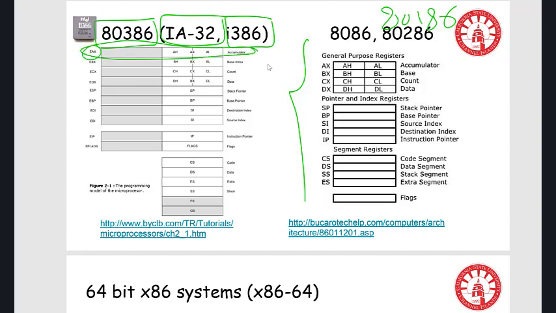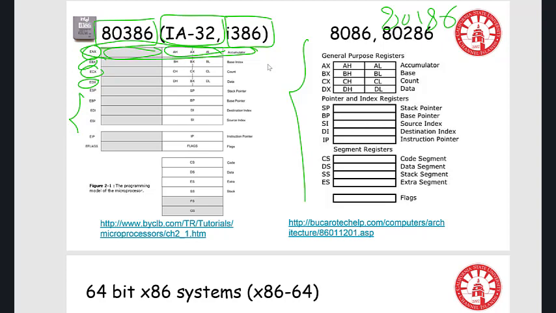EAX register is the extended version of AX register. So we have 16 bits in here, and then we have concatenated one more 16 bits to it, so it becomes 32 bits. We have register EBX, which is the extended version of register BX, ECX same, EDX is the same, and also other registers have the extended version.